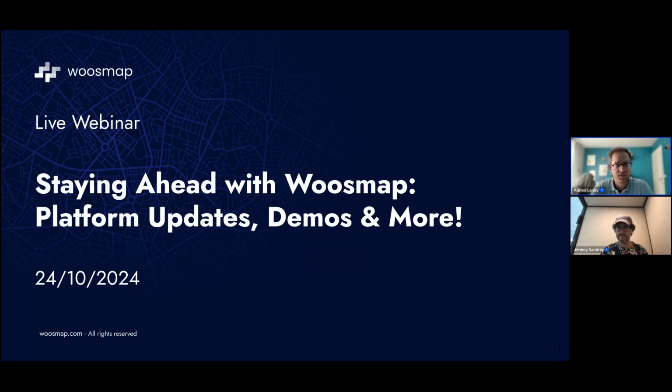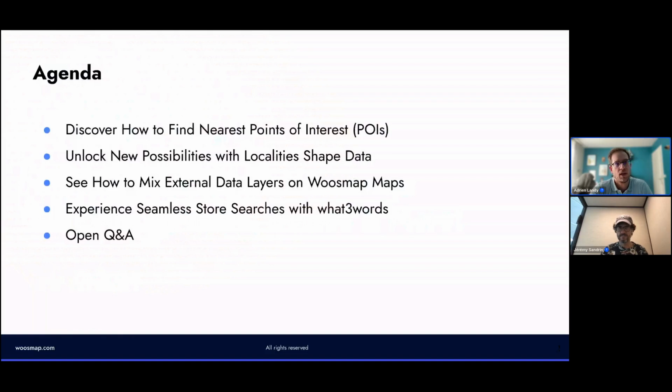Okay, so let's start with the agenda. The first two topics will concern the Localities API. Maybe you already know this API allows you to perform autocomplete on locality and street address, and geocode your database of addresses. We recently added two new features to this API.